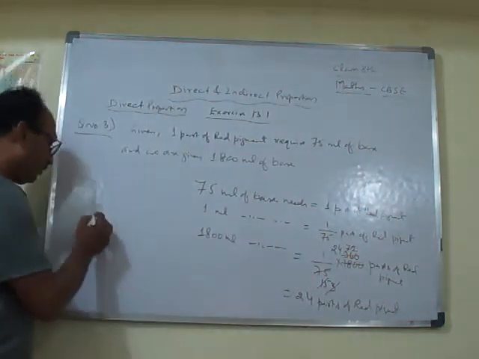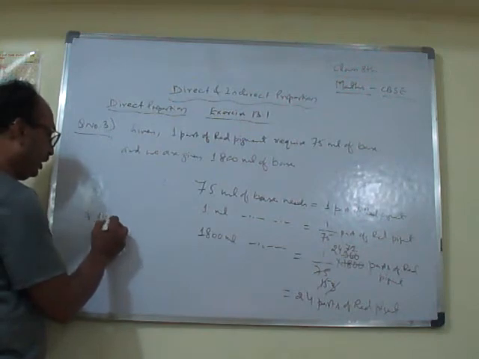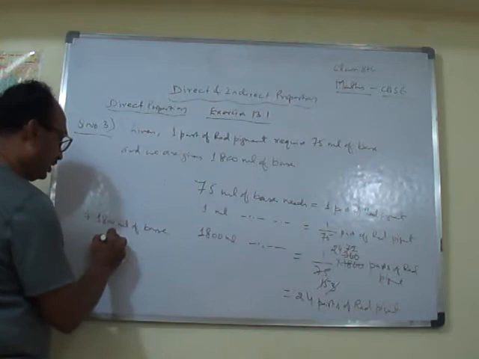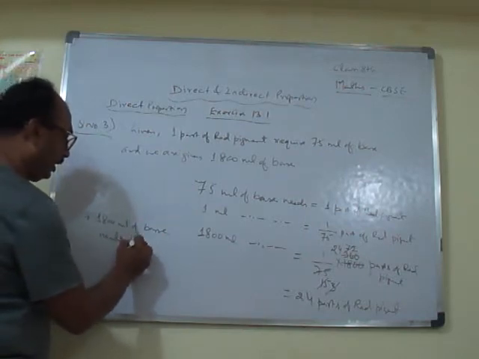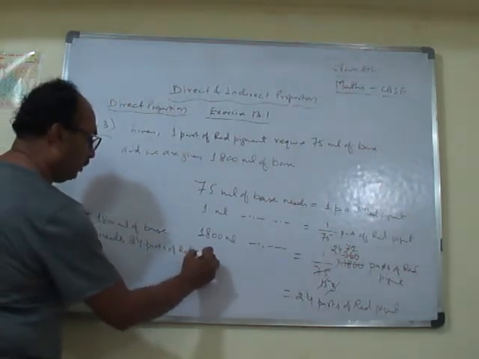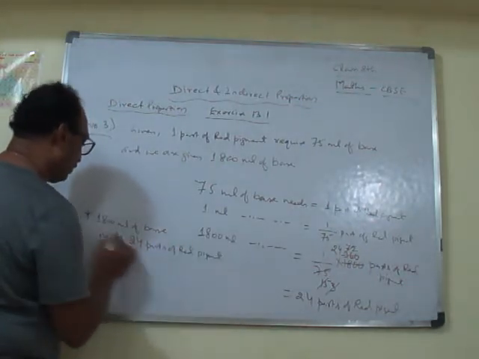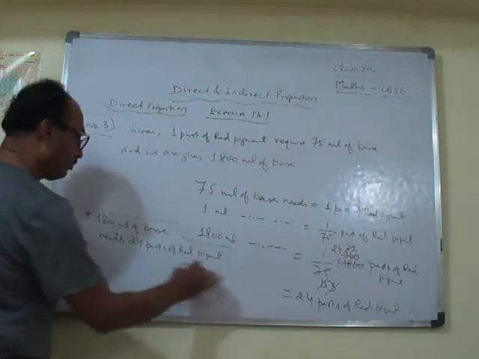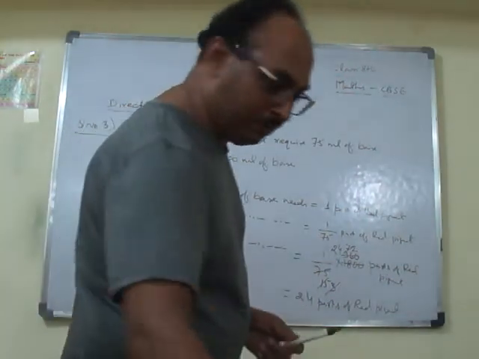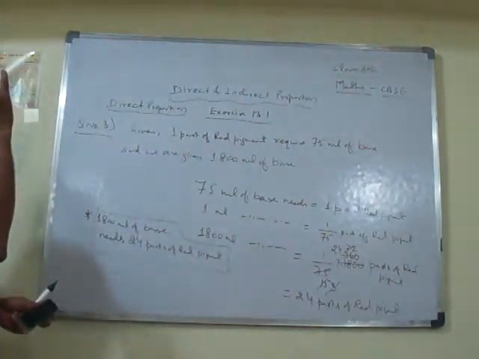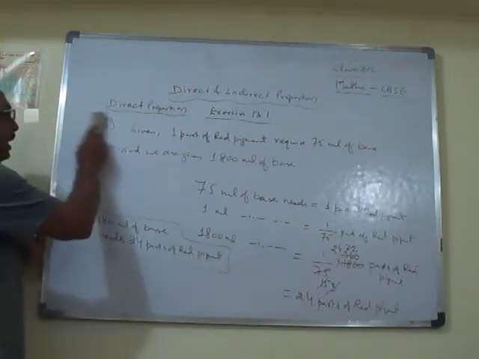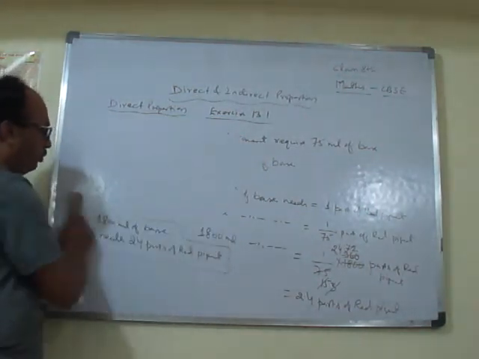It means 1800 milliliter of base needs 24 parts of red pigment. This will be the answer. This is already given to you in direct proportion. Let us solve one more question. As I told you, we will solve question number 4 also.